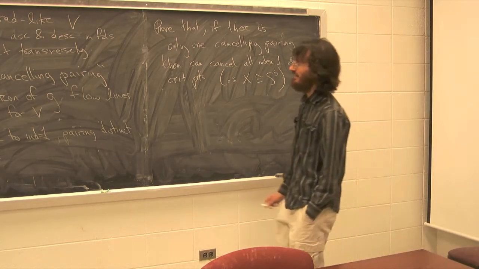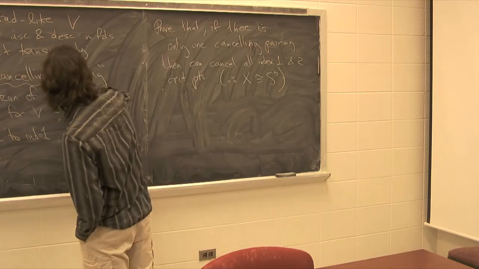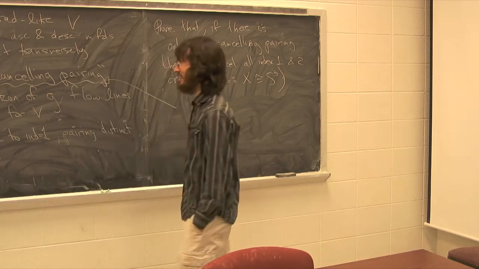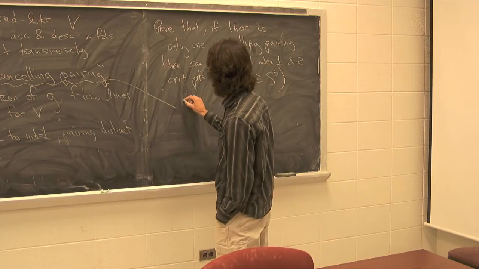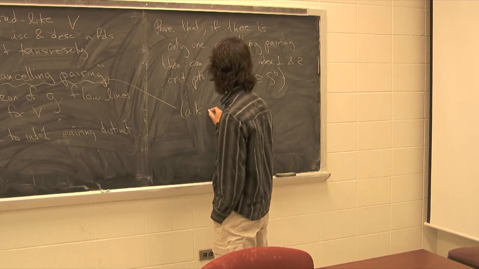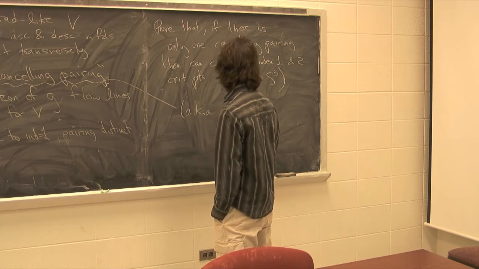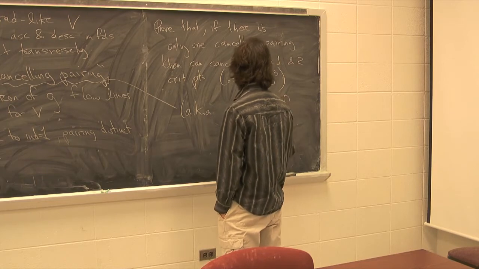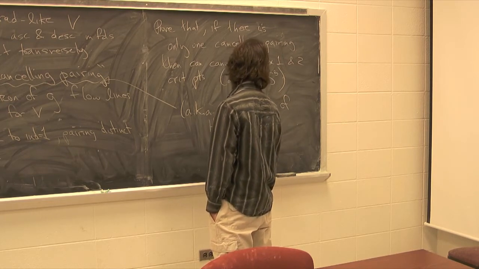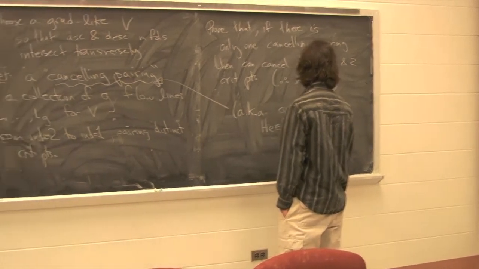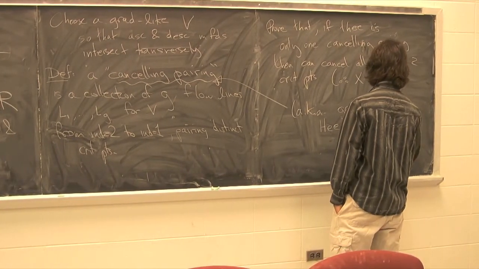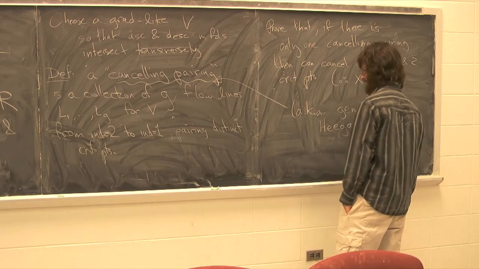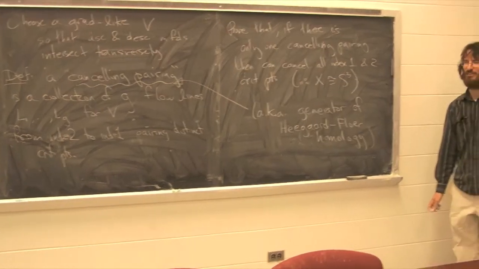But now I'll tell you the more standard and much less revealing name for a canceling pairing: a generator of Heegaard Floer homology. If you've never heard of Heegaard Floer homology, that's not helpful at all.